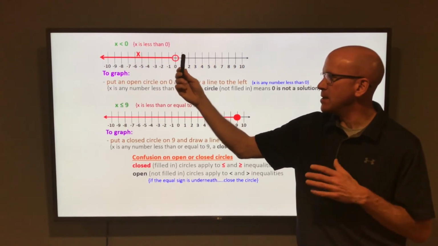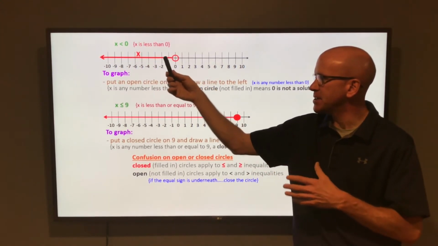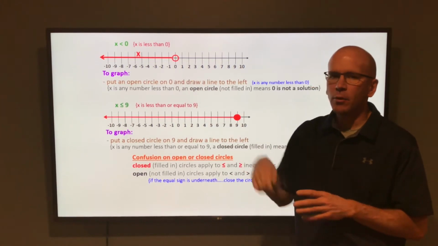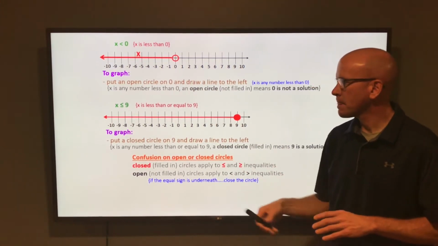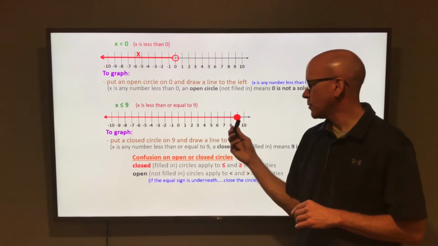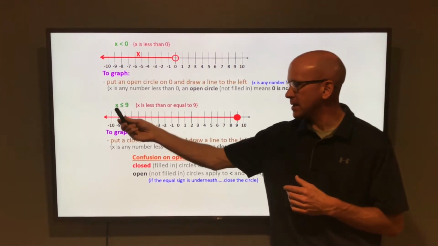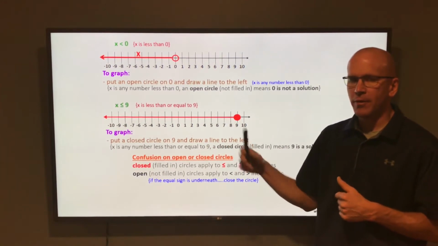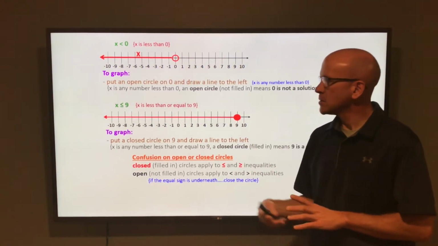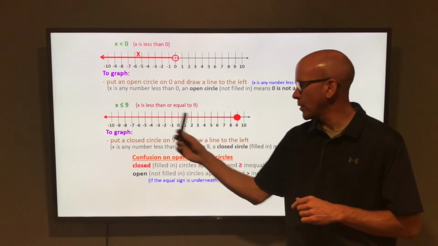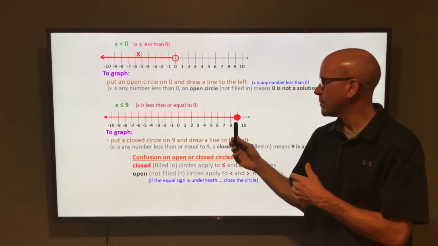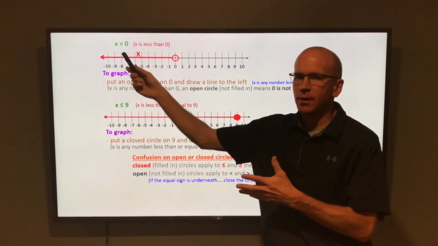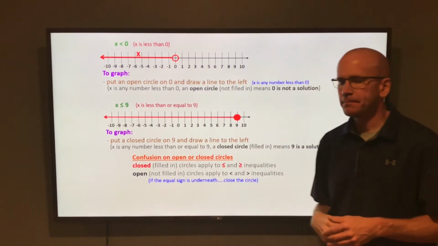That means the inequality or the solution set does not include that number that it is on. If it's a closed circle, that means the inequality, such as this one here, x is less than or equal to 9, does include the number that the closed circle is on. So if you have an equal to sign with it, you're filling in or closing the circle. If you just have a less than or just a greater than sign, the circle stays open.